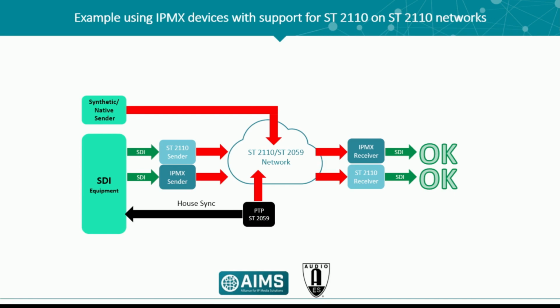So the job of the 2110 equipment in this picture is to maintain that synchronization all throughout until the receiver point. Well, if you put an IPMX sender on this type of network, of course it will accept that synchronized source, and it will keep the synchronization like a 2110 sender. And an IPMX receiver is going to behave the same way as well. It will receive the content from that synchronized network and maintain the synchronization like the 2110 receiver.